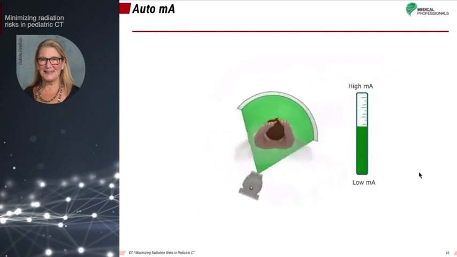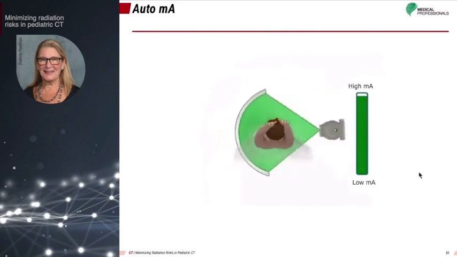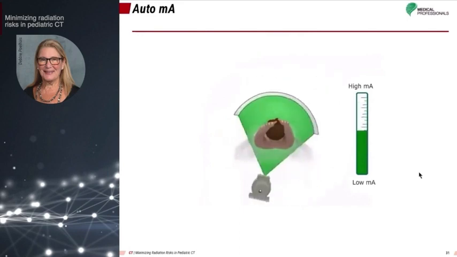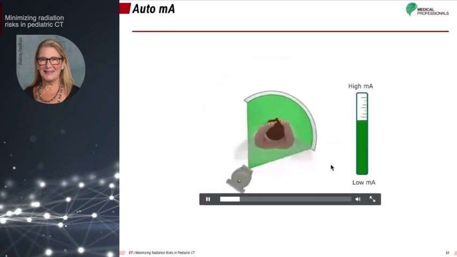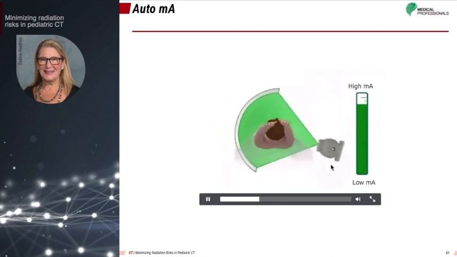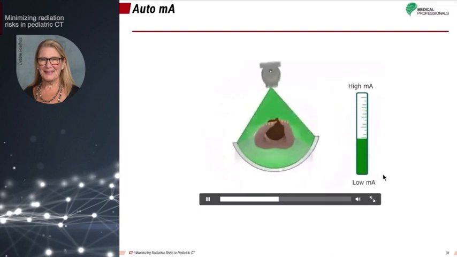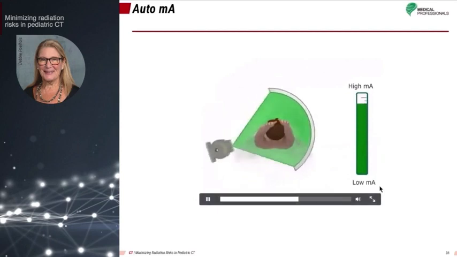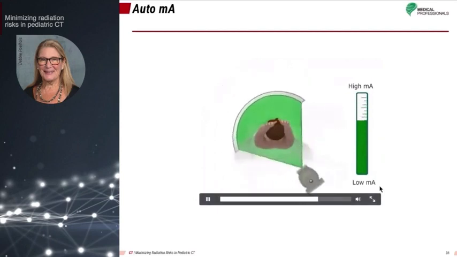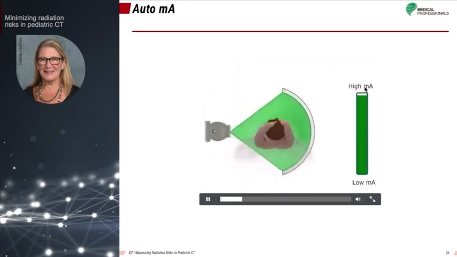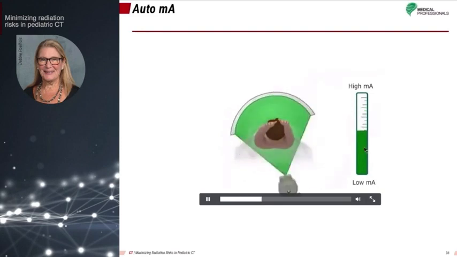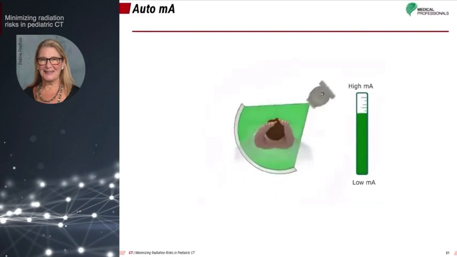Since the human body is not cylindrical, its contours and tissue densities must be taken into account. Automatic correction adjusts dose as a function of patient size in the anterior-posterior and lateral directions. Here we can see how the mA changes up and down as the gantry circulates.